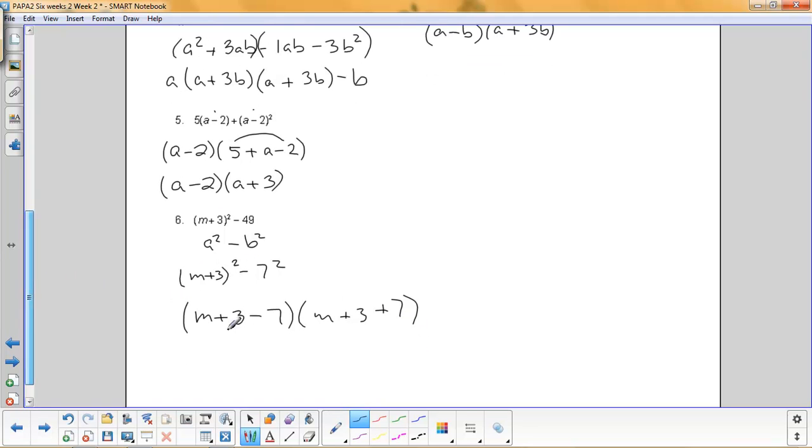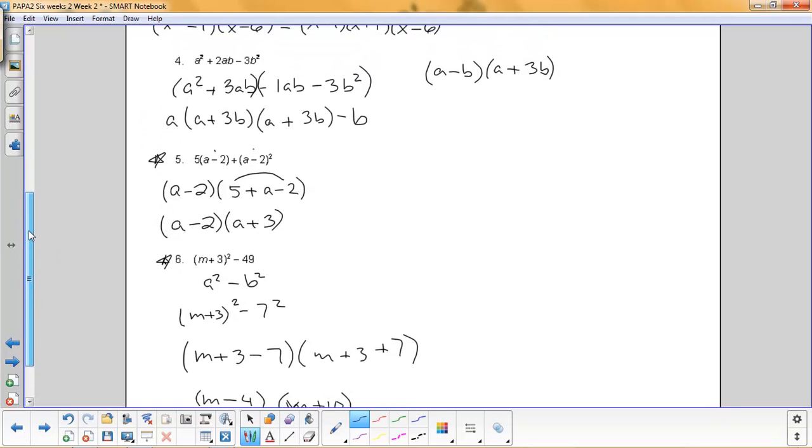Combining your like terms, your final answer is m minus 4 times m plus 10. These two problems are tricky. Please ask questions over those two if you have them in class tomorrow.